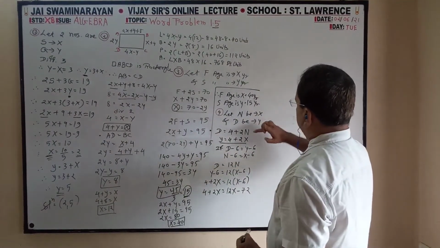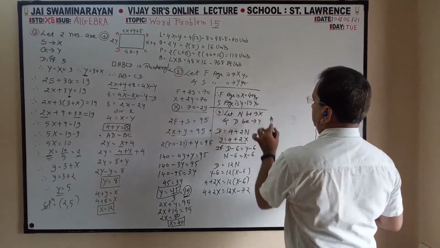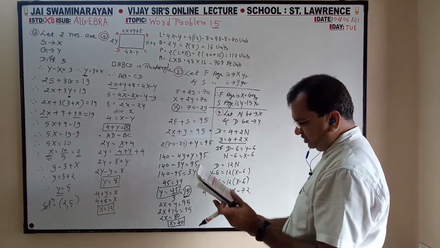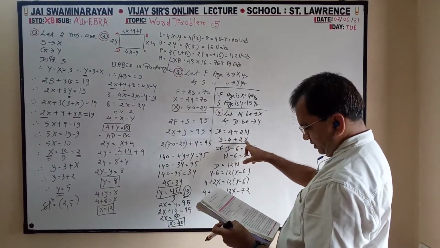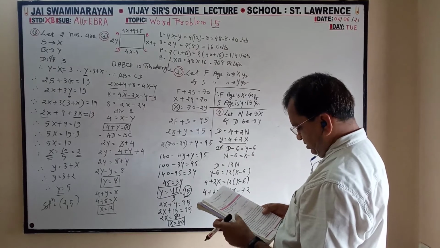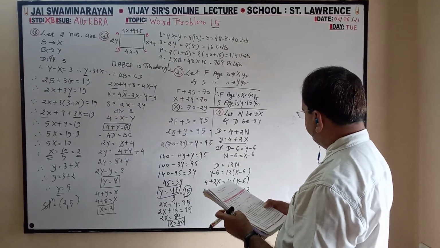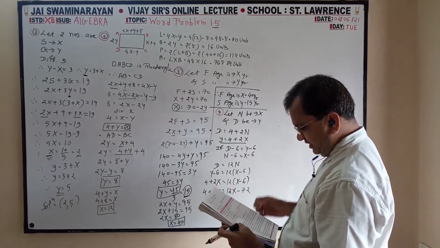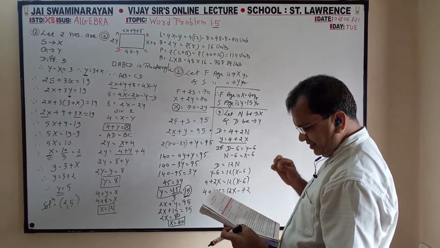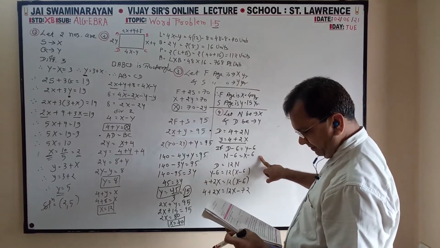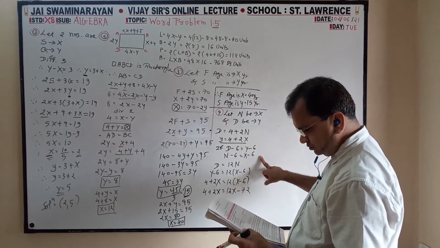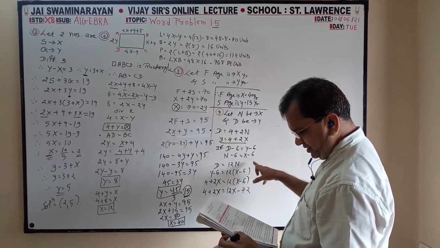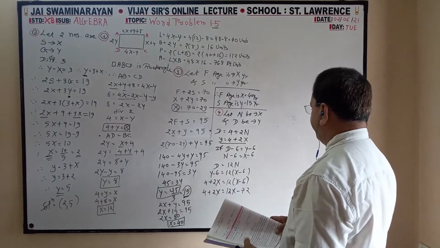See, numerator x, denominator y. Condition number 1, the denominator of a fraction is 4 more than twice the numerator. Done. If both the numerator and denominator are reduced by 6, denominator becomes 12 times the numerator.